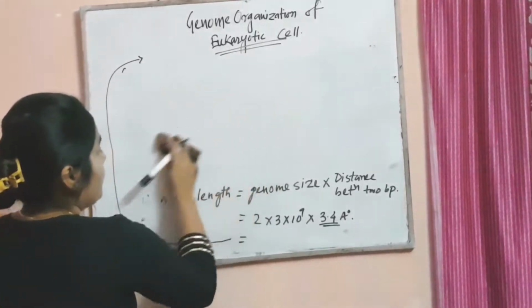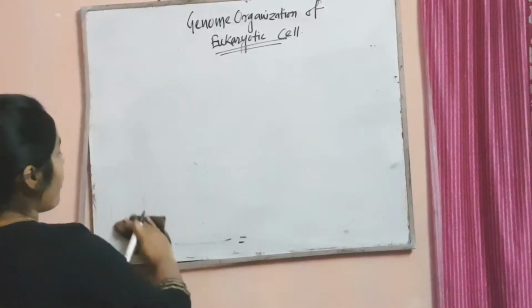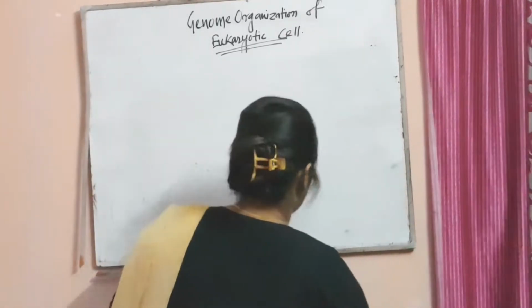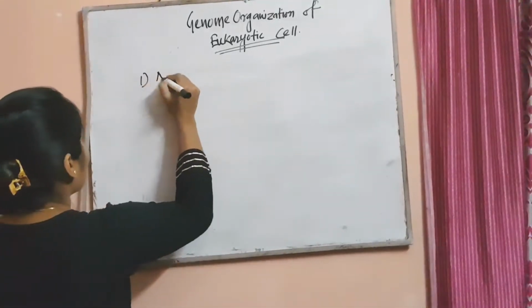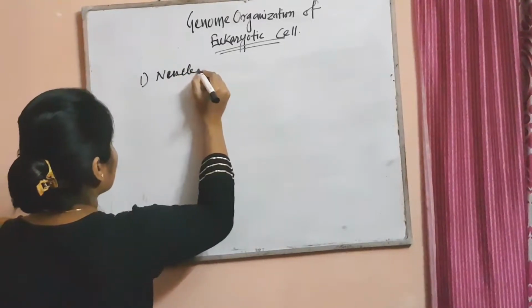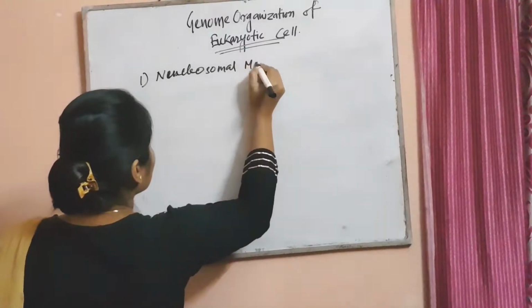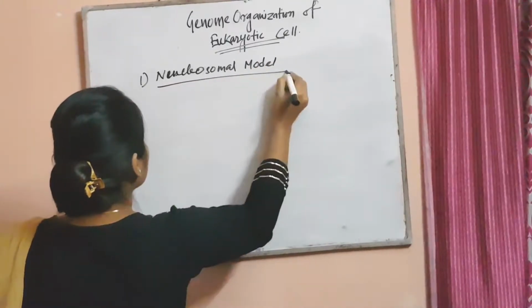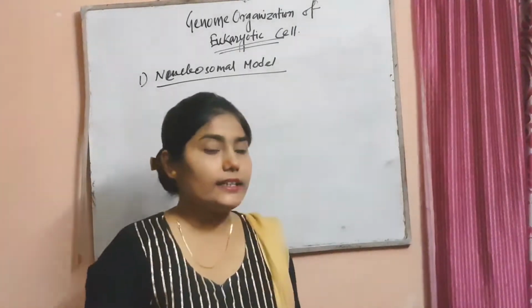So the levels of how the genome is organized within the nucleus. The first level is the nucleosomal model.